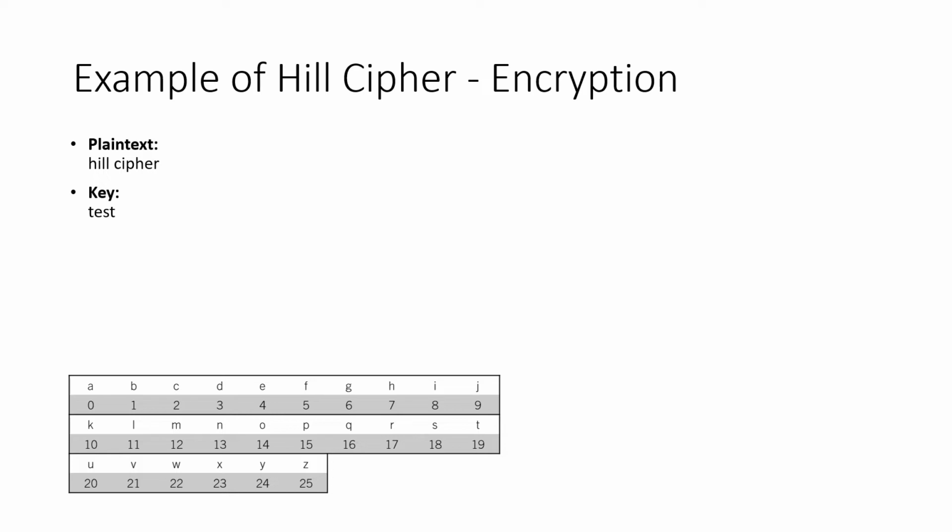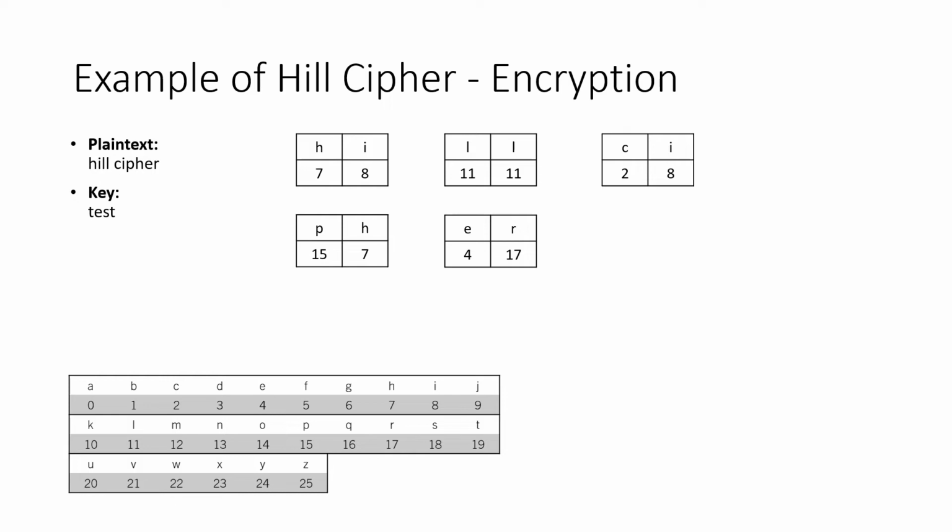Now the next step is to divide our plaintext into blocks. We noted that our key, the word test, leads to a 2 by 2 matrix. So that means that we have to divide our plaintext into blocks of 2 characters, which we can see right now.